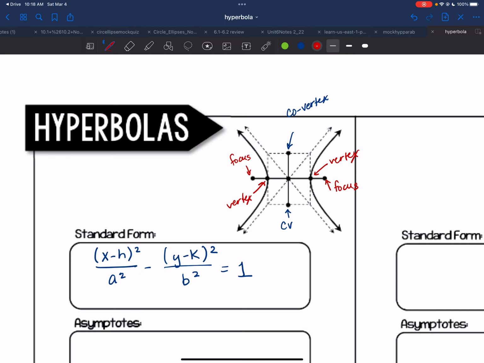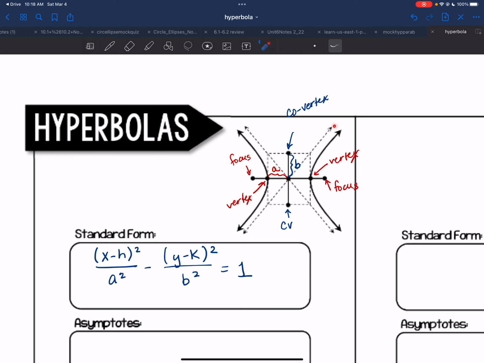And our value from the center, of course, the center mark is your center, from your vertex to your center is going to be your A value, and from your co-vertex to your center is going to be your B value. And in this case, A can be smaller than B. It doesn't have to be the larger of the two values, because what you're doing is you're using those two things to create a box.